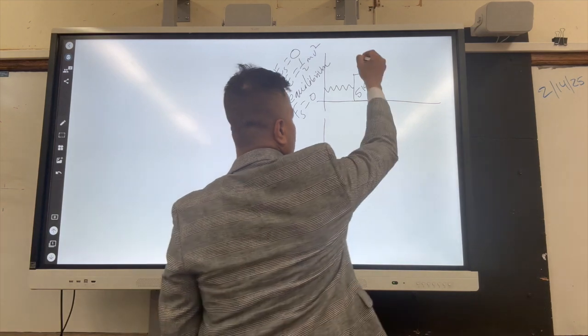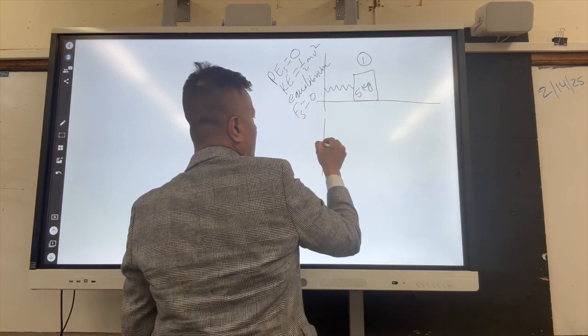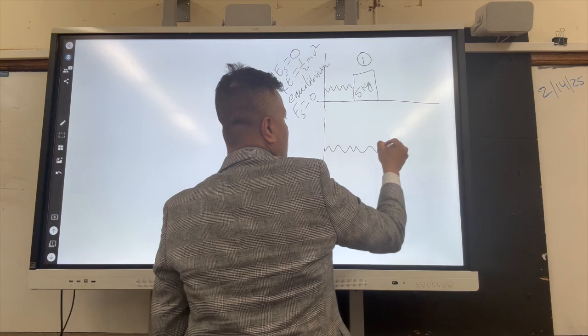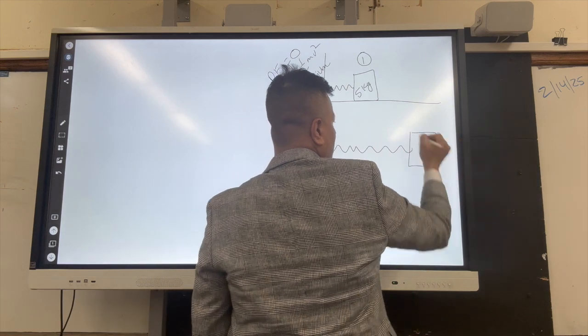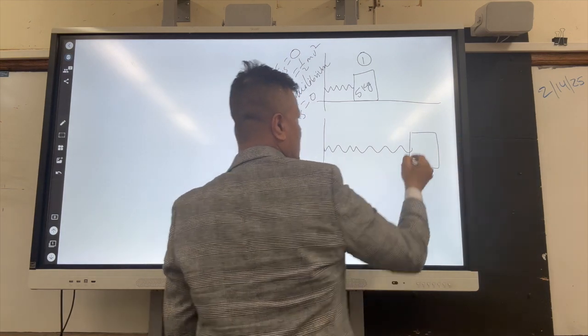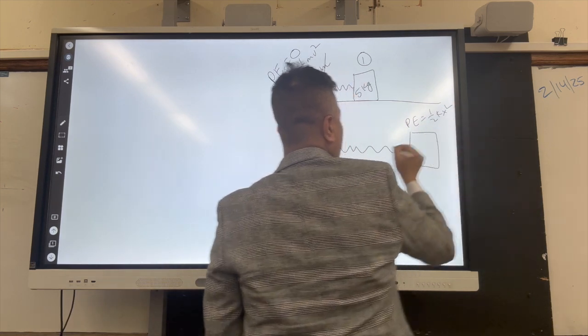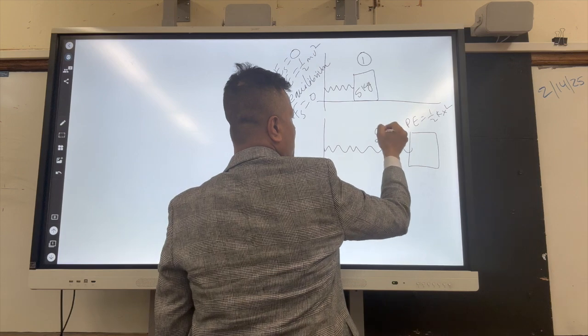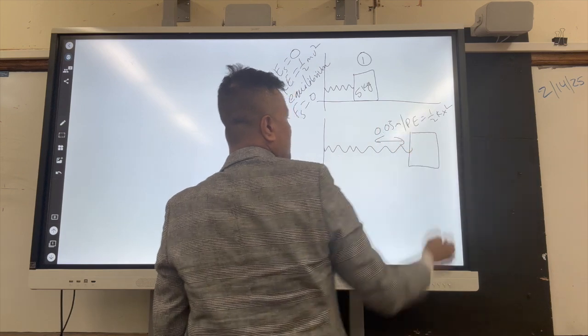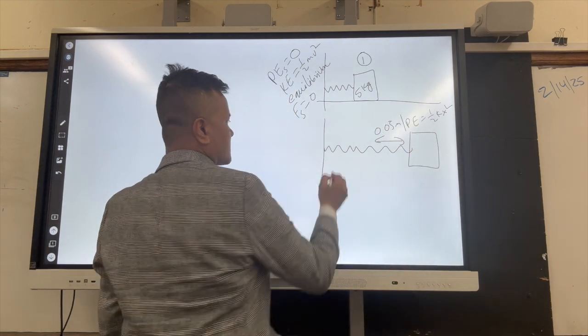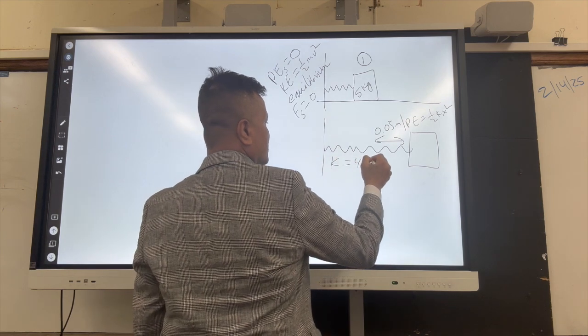We're going to call this location A. Now you stress it, and potential energy is no longer 0. Why? You stress it 0.05 meters. The k is, let's say, 400.